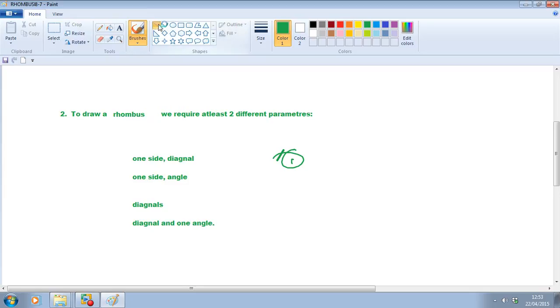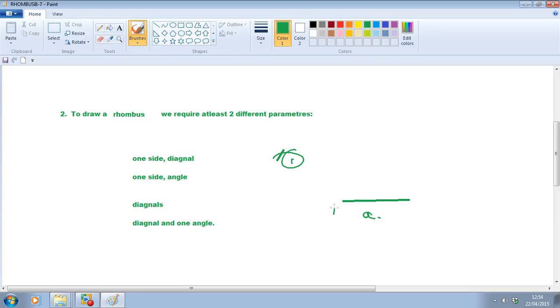How will we draw the rhombus? We know one side, so you draw its length. Let us say the length is A, and let us take the length of the side as A and the diagonal as B. Let us mark the points ABCD, just for easier reference.